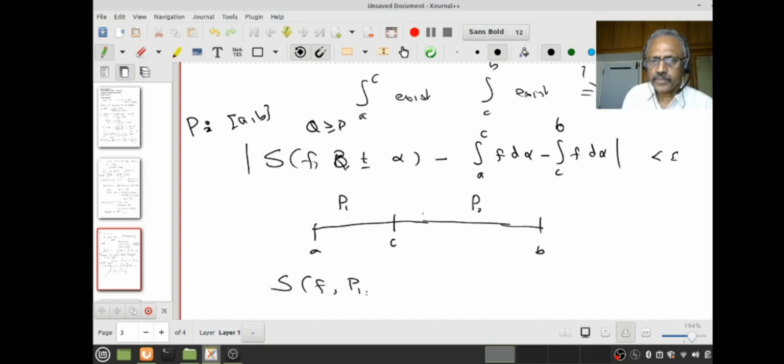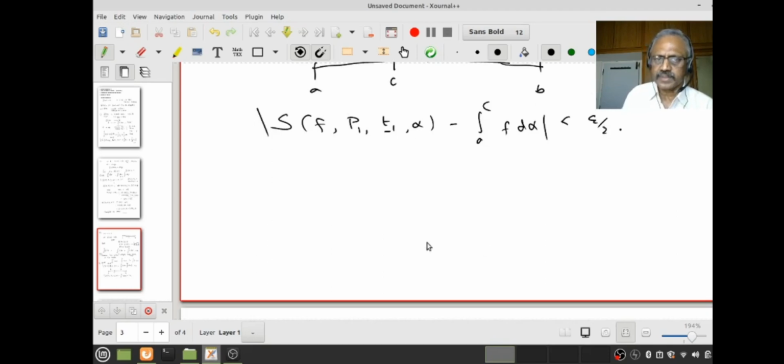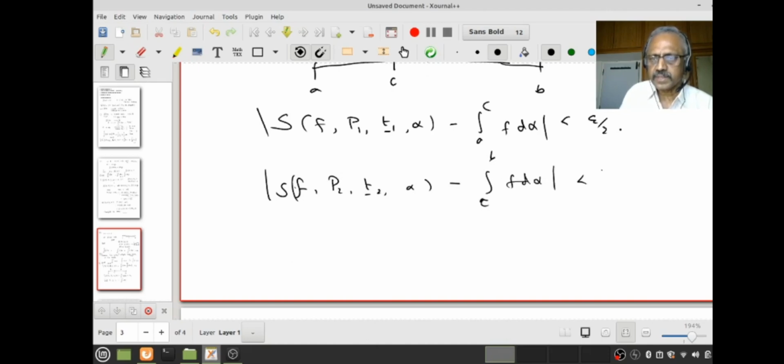For P1 and any tags T1, the Riemann sum minus the integral from A to C of f d alpha is less than epsilon by 2. Similarly, for P2 and tags T2 in C to B, the sum minus the integral from C to B of f d alpha is less than epsilon by 2.